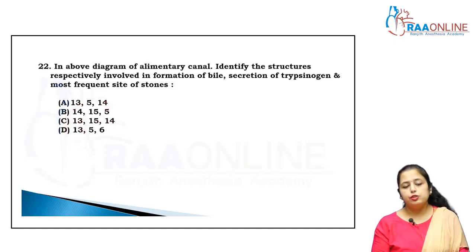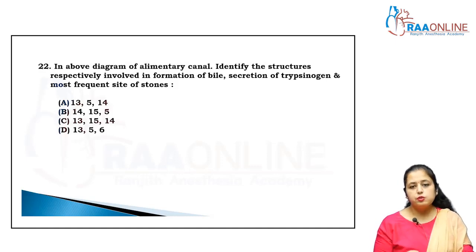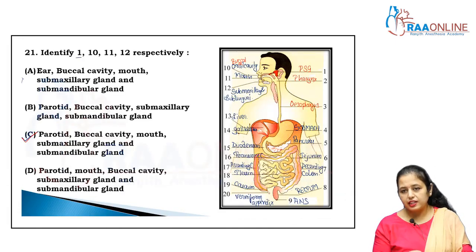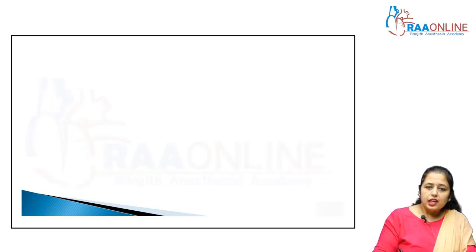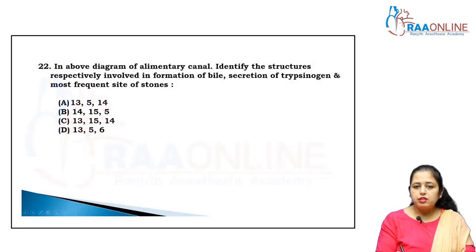Now come to the next question. This question is based on that diagram, right? In the above diagram of the alimentary canal, identify the structures which are respectively involved in the formation of bile, secretion of trypsinogen, and the most frequent site of stones. The formation of bile is related with the liver. Liver is the site for the formation of bile.